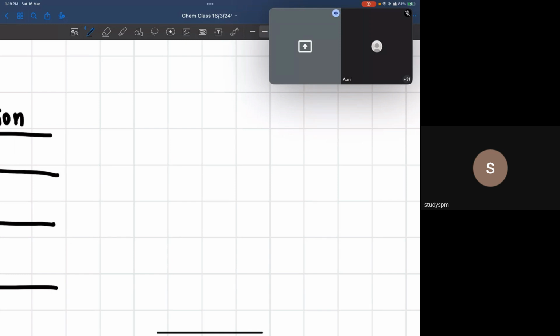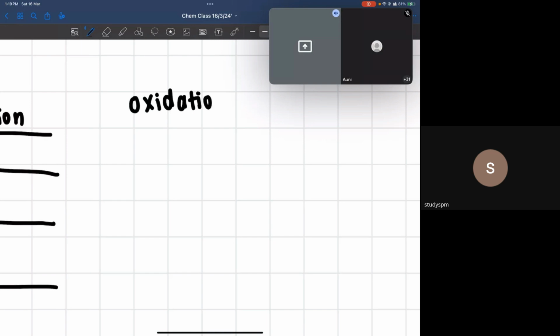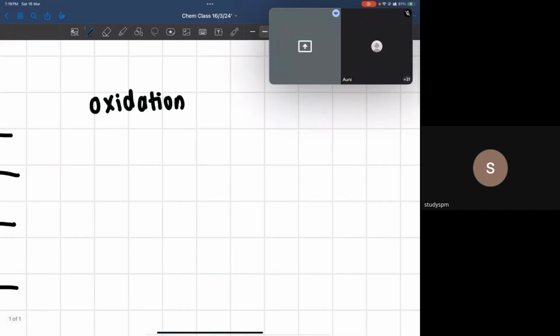Sebab, no need to confuse. If the substance sendiri undergo oxidation, it cannot act as oxidation agent. Agent is something like you help something to occur. You sendiri cannot help. So when yourself undergo oxidation, they akan act as reducing agent.